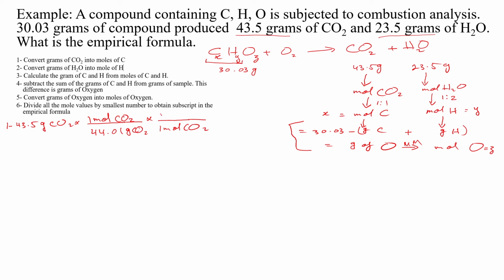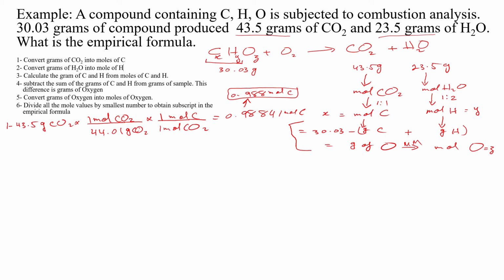The mole ratio is 1 to 1. It is going to be 0.98841 moles of carbon. And if you round it to the proper number of sig figs, which is 3, then it is going to be 0.988 moles of carbon.